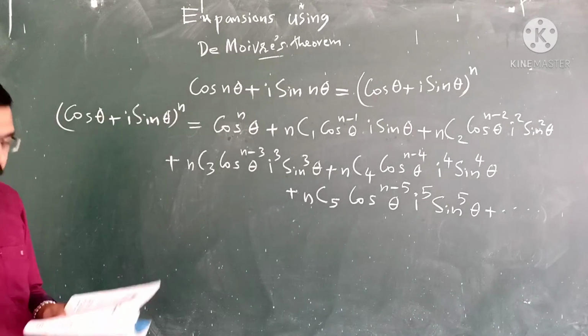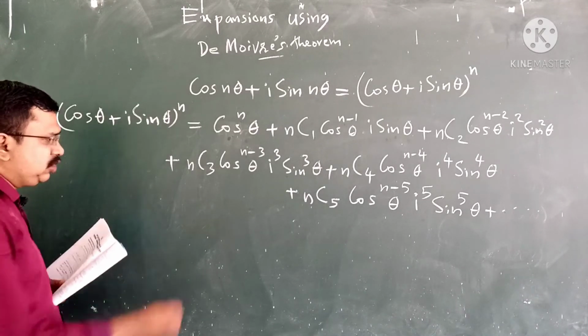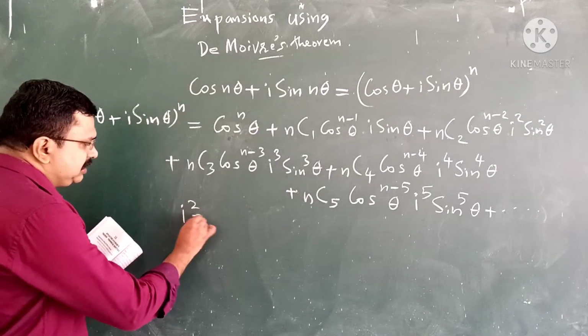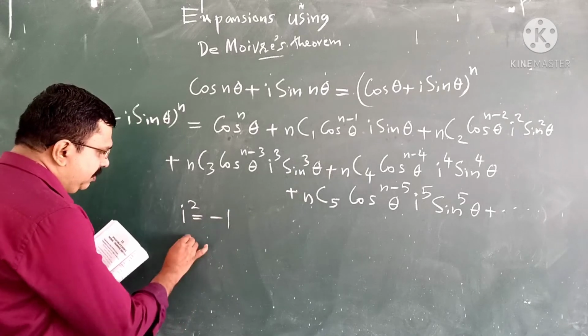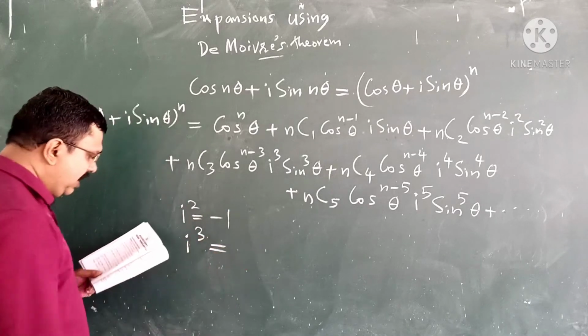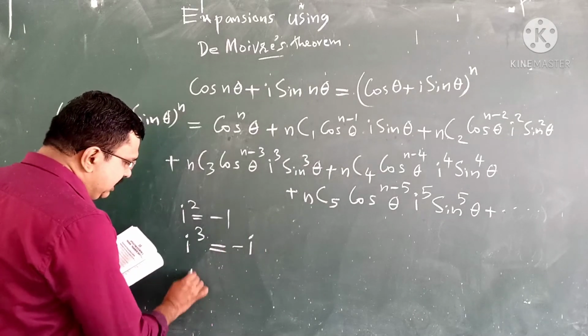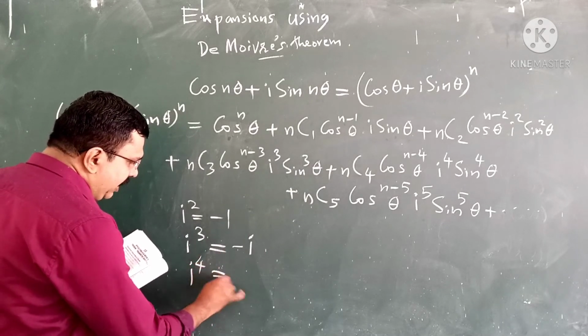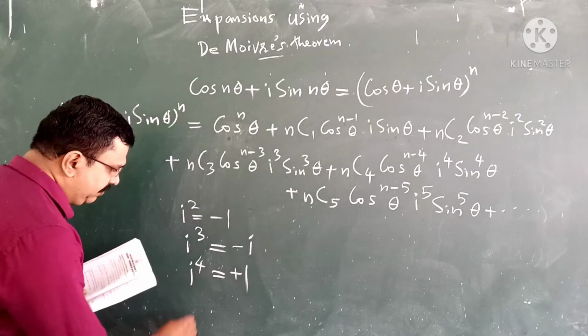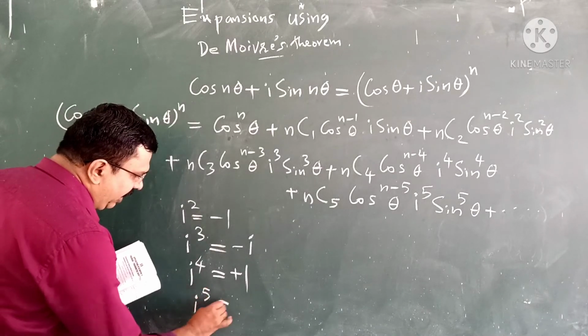Now remember, what is I square? I square is minus 1. What is I cube? I cube is minus I. What is I raised to 4? I raised to 4 is plus 1. What is I raised to 5?